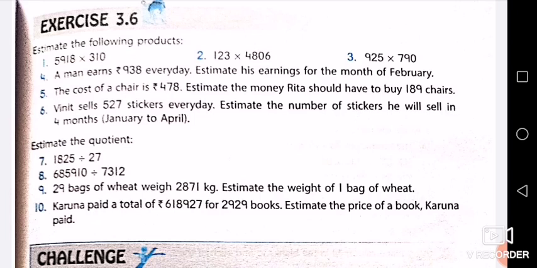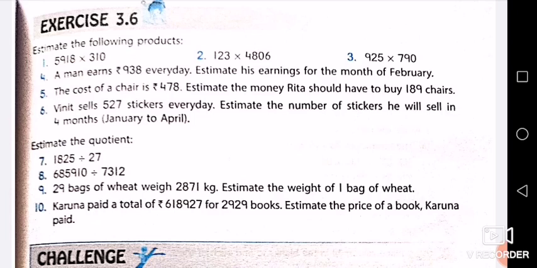Why? Because the number we will get after rounding should be divisible by 27's rounded number, and that will be divisible by 1800 only. So we'll round it off to the 100 place only, and then the divisor, which is 27, we are going to round off to the next number.